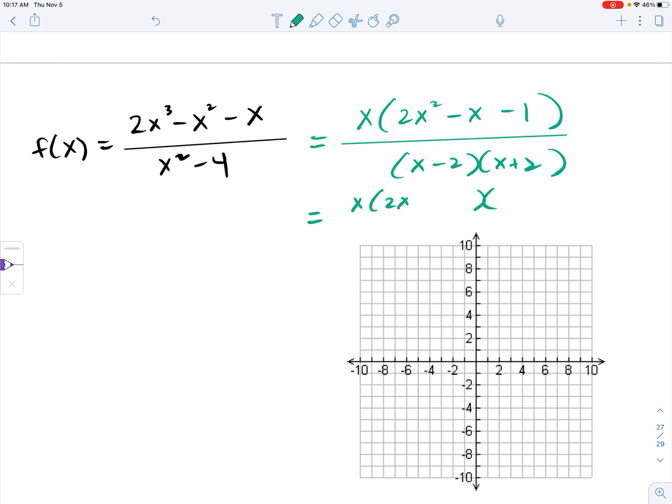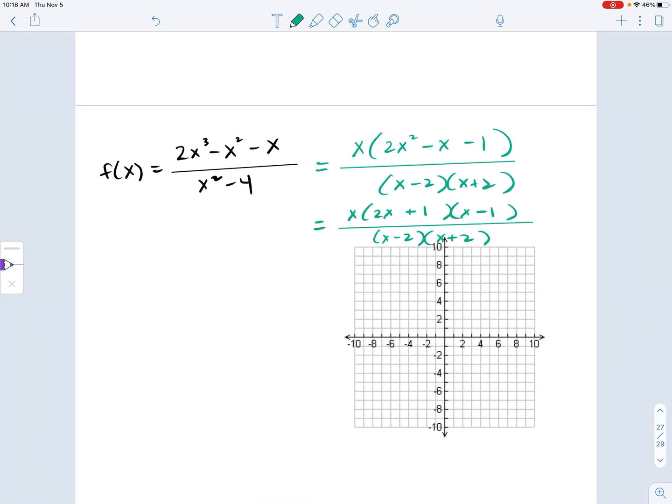Let's see if we can factor the numerator further. Minus 1 plus 1, right? 2x squared minus 2x and plus x. Yep. Okay, so that's what the numerator would factor to.